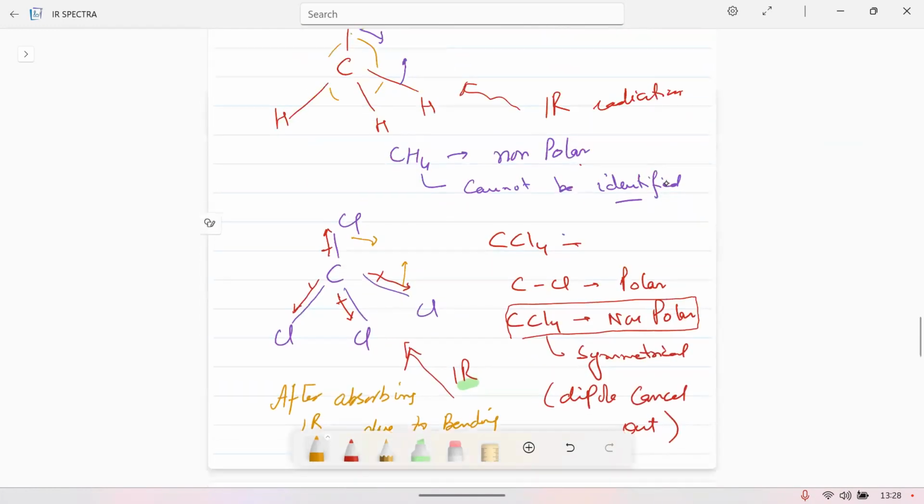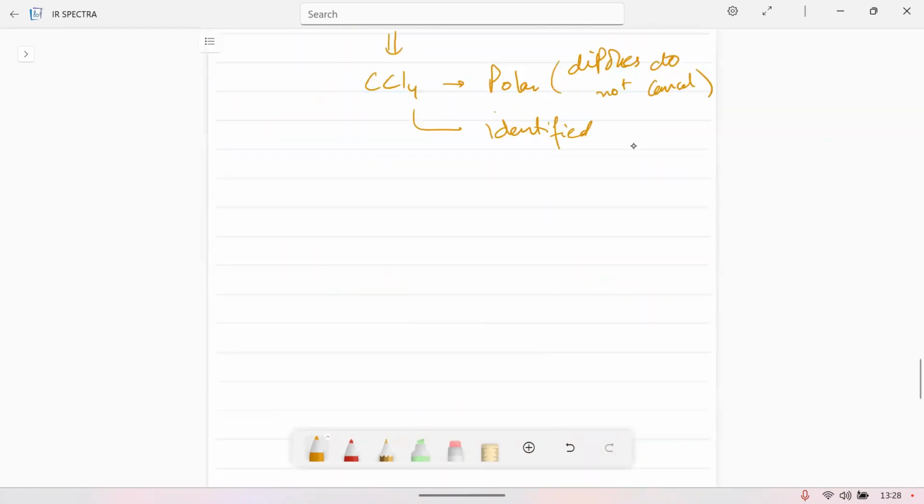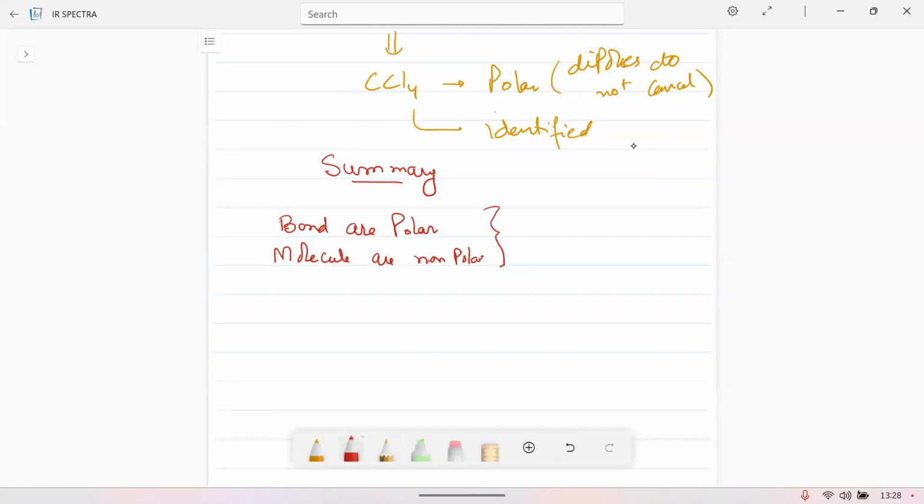So overall, after taking all these examples, we may summarize it in a simple way. If I want a summary of which type of molecules can be identified, we can simply say, if the bonds are polar and the molecules are non-polar, then what will happen?